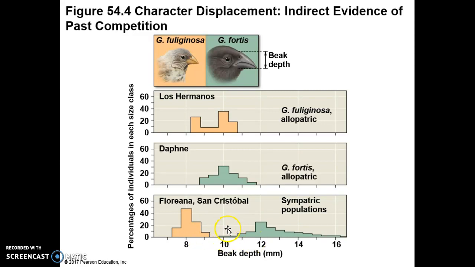If beak depths were middle, and you think about it in terms of evolution, there certainly are going to be some organisms that are born here in the middle, but they're going to have to compete with the other species for resources. Whereas the freaks with the really deep beaks are not going to have any competition, and the freaks with the really small or shallow beaks aren't going to have any competition for their food.